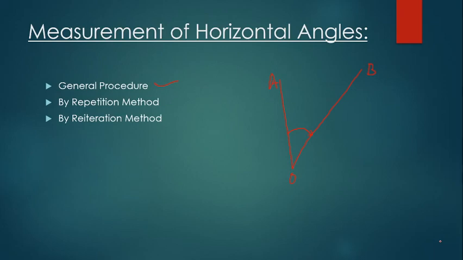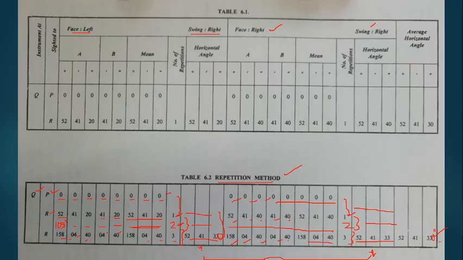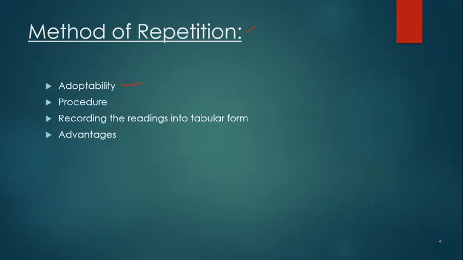After that, we have discussed the repetition method in detail, and the situations where we go for a repetition method, what the procedure is, how to record in tabular form, and how to calculate the average of face left and face right. Everything we have completed. And now we'll see what the advantages are.